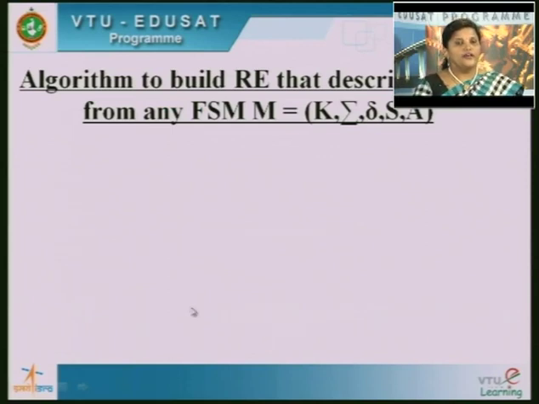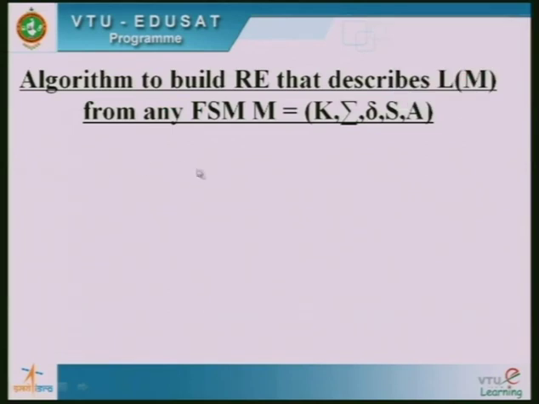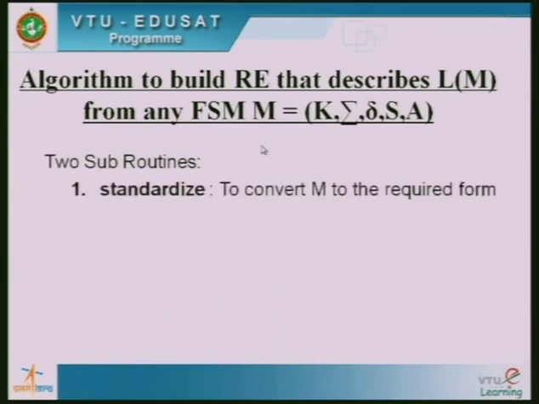So, accordingly the previous theorem is modified, and we have an algorithm to build the regular expression that describes L of M from any FSM M. Okay. According to Kleene's theorem, there are two subroutines. The first one is standardize. This standardize will convert the given finite state machine to the required form.